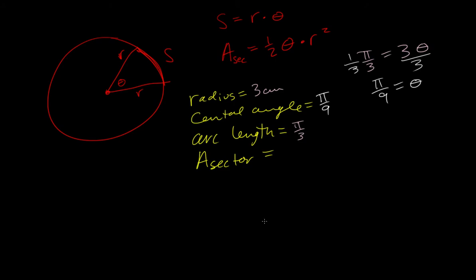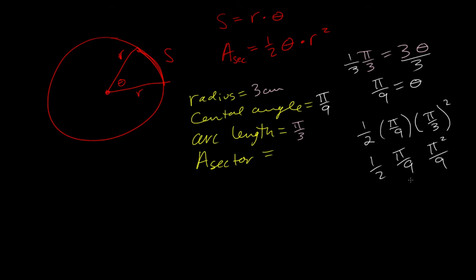Now area of sector, I can just plug everything in. So I get 1/2 times pi over 9 times pi thirds squared. So if I square that, this is going to be a weird answer, but I get pi squared over 9.